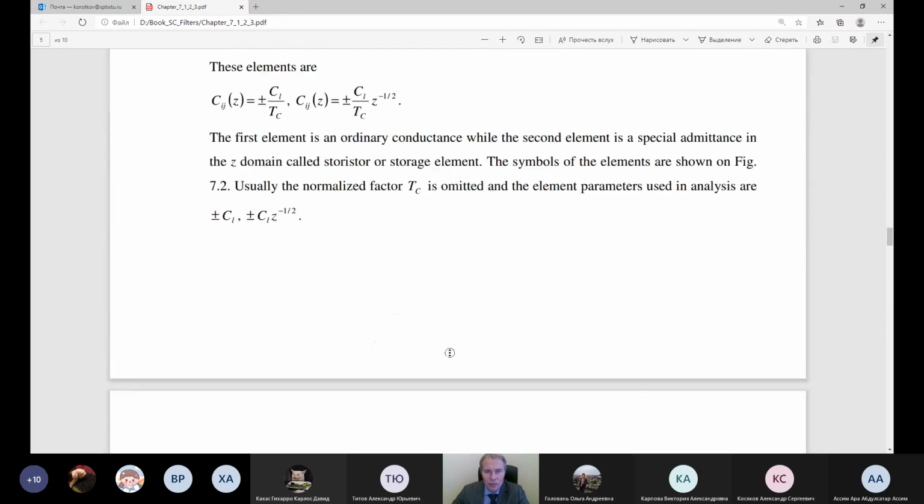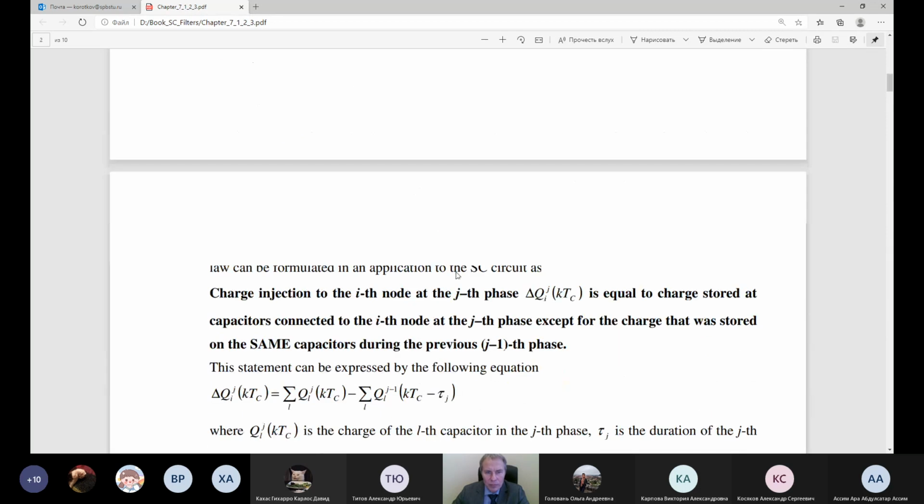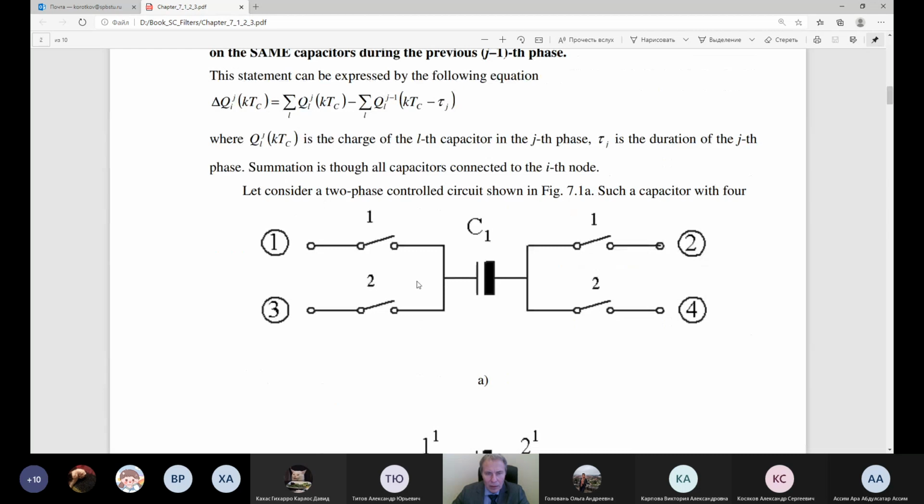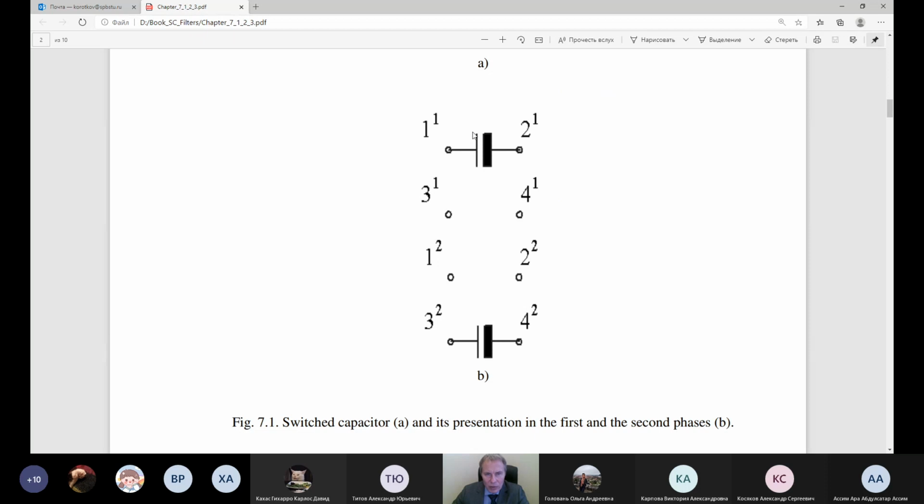So look into figure 7.1. On the left side, we have the upper plates, so the storistor situated between these two nodes will have the sign plus.